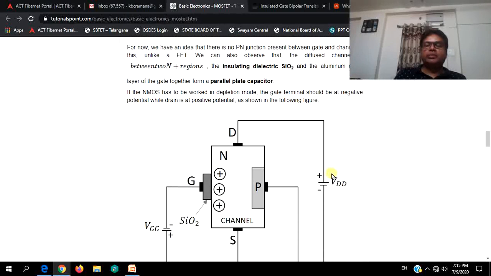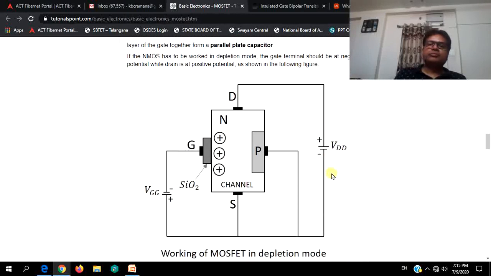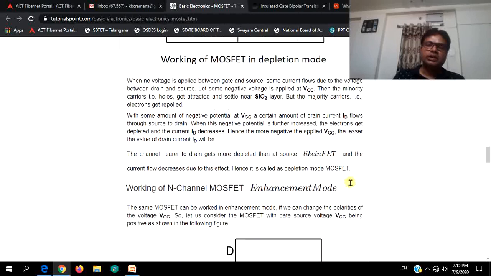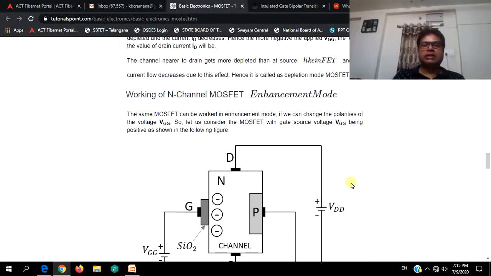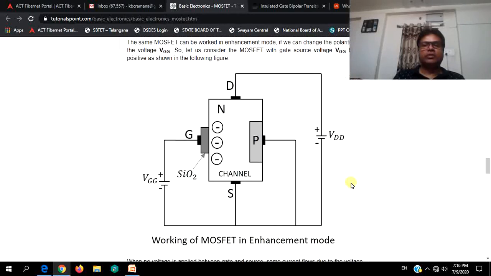BJT was a bipolar device where the conduction was due to both holes and electrons, or majority and minority carriers. For MOSFET it is only either electrons in the N channel MOSFET or holes in the P channel MOSFET. So it is unipolar, and also it is unidirectional. It conducts in only one direction.